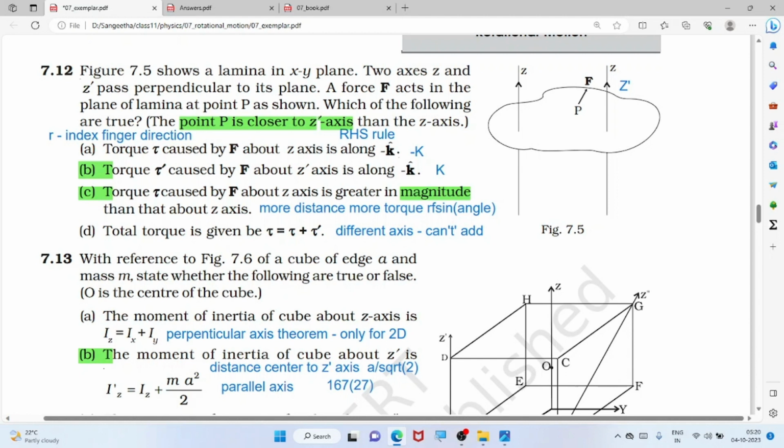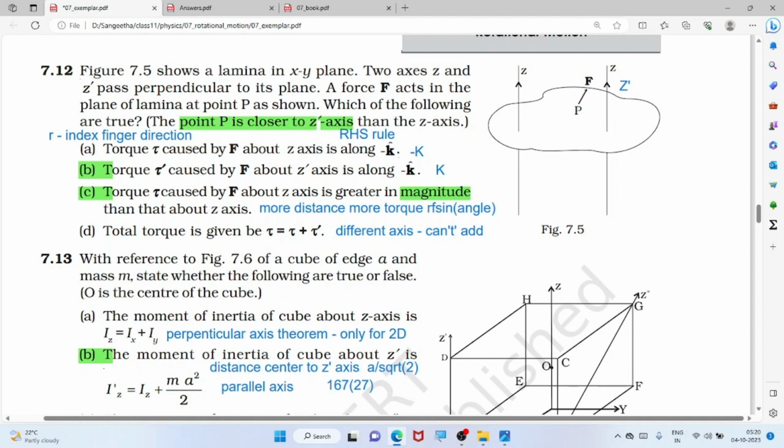See the r points; the index finger is the r here. So use the index finger for the position vector for the RHS rule. If you apply the rule, the direction is this. Here it is given as minus k, so that is not true. This is true, the direction is k. The final torque direction for this is k.